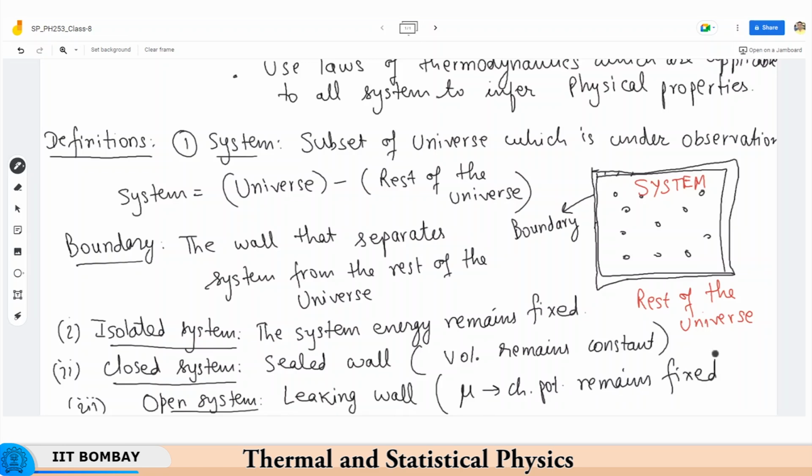Depending upon what kind of system we are interested in, we can think about the kind of boundary that separates that particular system from the rest of the universe. All right, so that was the first definition.